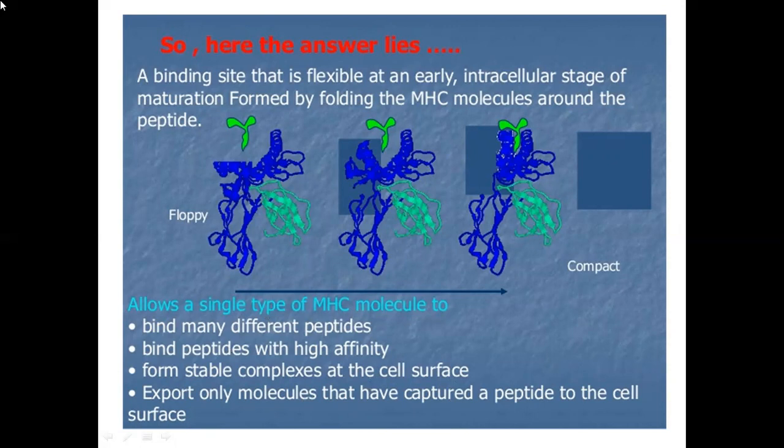So this is about the MHC molecules, how class 1 and class 2, what genes are present, and there is no recombination of the MHC genes as observed in the immunoglobulin genes. You can read this out. I have already explained the structure in the earlier class, and here, the genes and how the binding of the peptides is done. So that is about the MHC molecules.